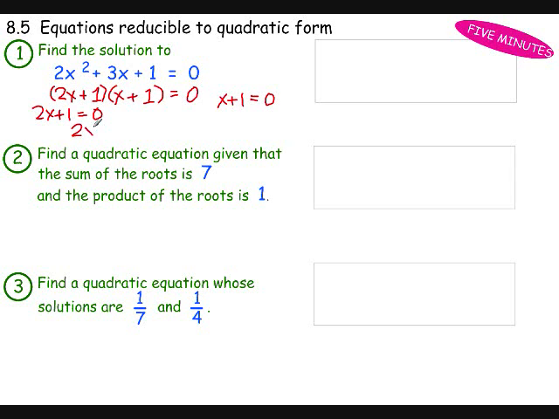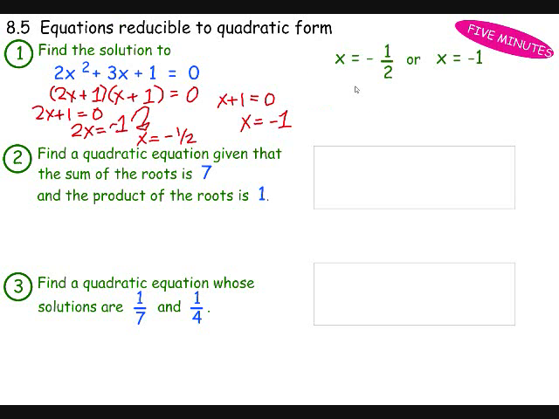So this would be 2x equals negative 1, or x equals negative 1/2. This one will be x equals negative 1. Okay, let's see if that's what I have hidden behind this door here. Yes. x equals negative 1/2, x equals negative 1.